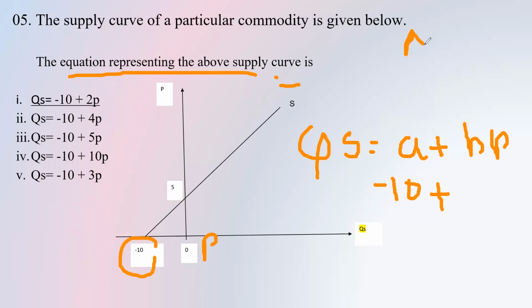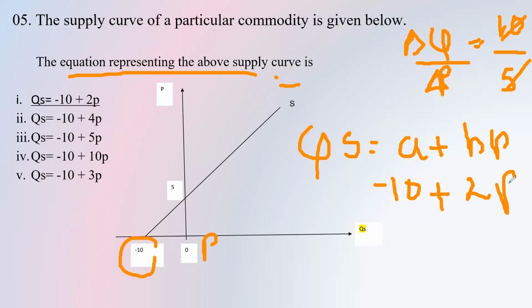Delta Q divided by delta P. Right? So the delta Q, the difference in Q, is 10. Right? The delta P, 0 to 5, is 5. So 10 divided by 5 is 2. Right? 2P.